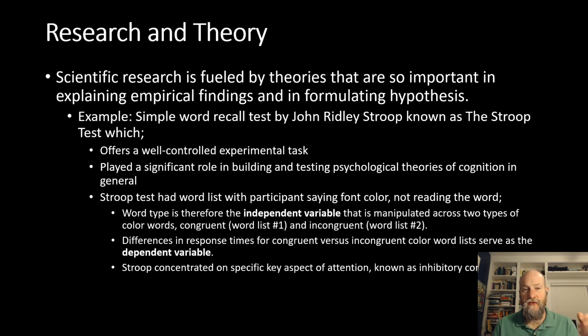I'm going to go into some detail regarding an example here, and this is something called the Stroop test. It was developed by John Ridley Stroop, and essentially the development of the Stroop test is an example of a well-controlled experimental task. I'm going to define what the Stroop test is in just a moment.